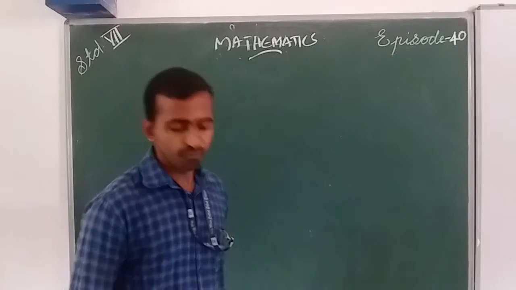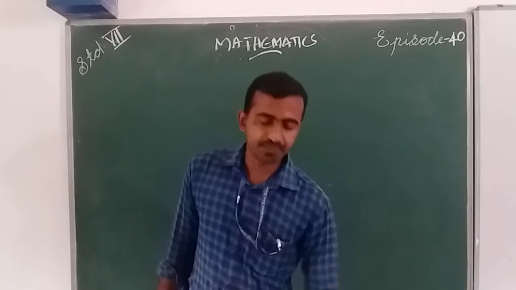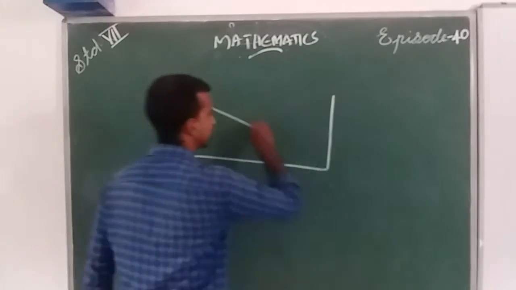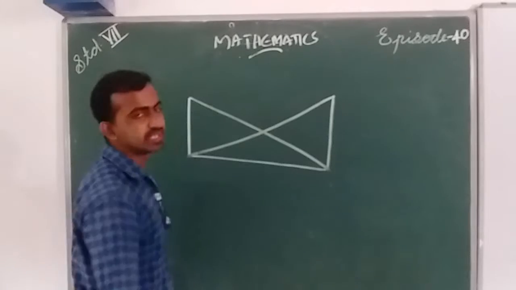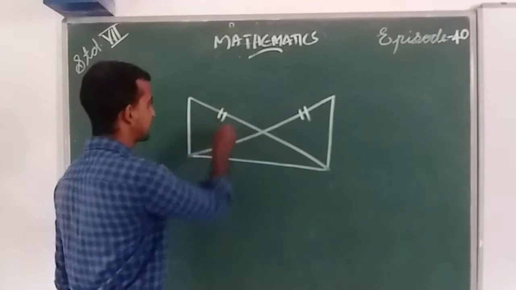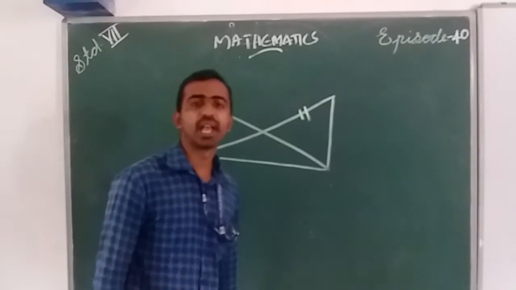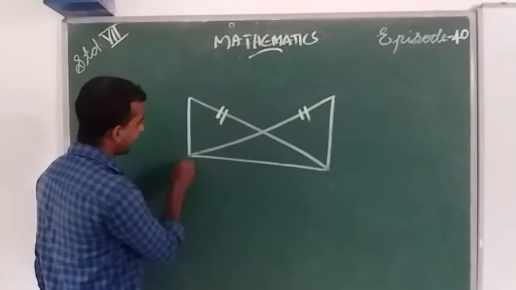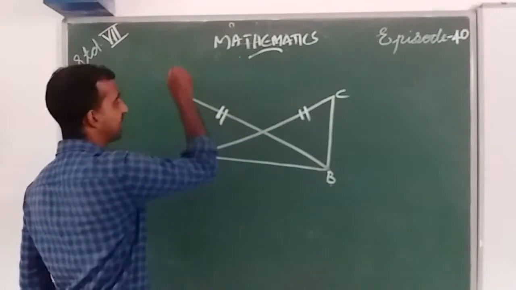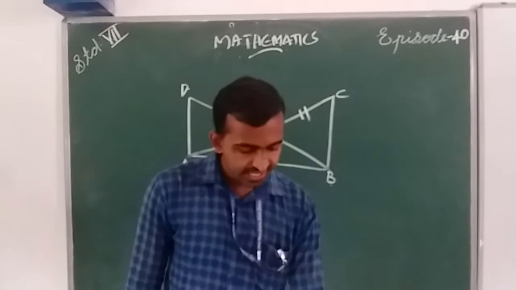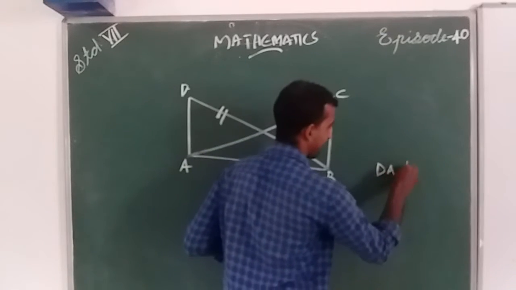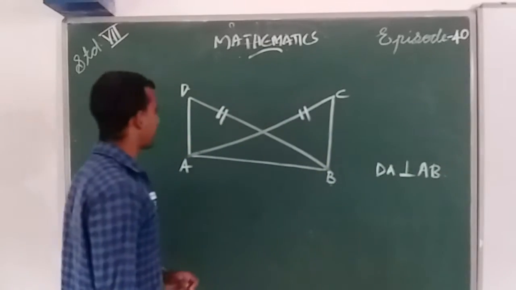For example, there is a figure with points A, B, C, and D. The question is that in the figure DA is perpendicular to AB.